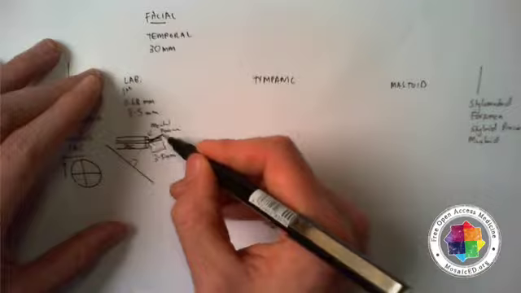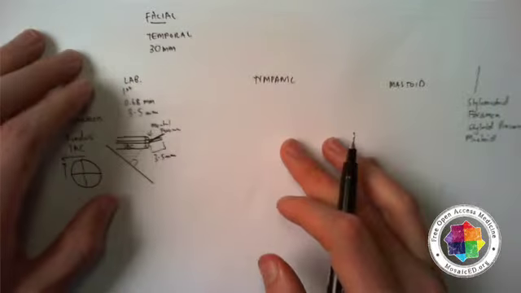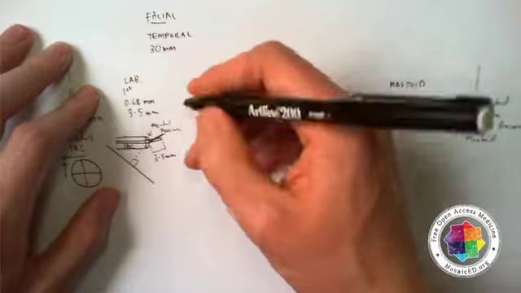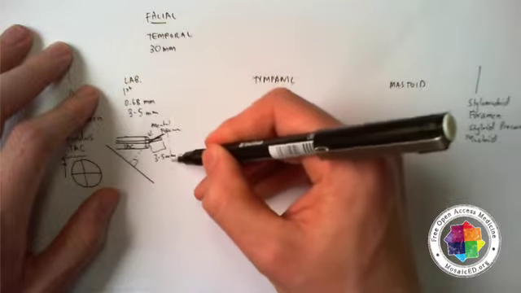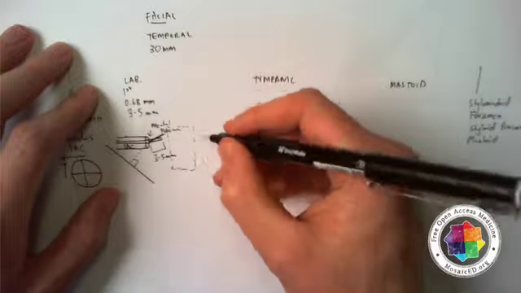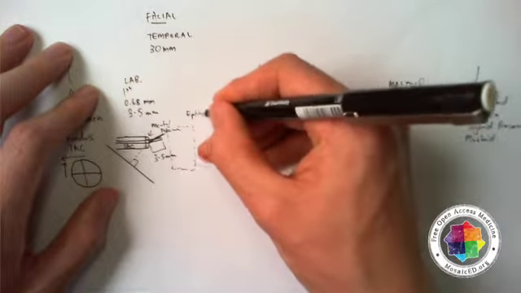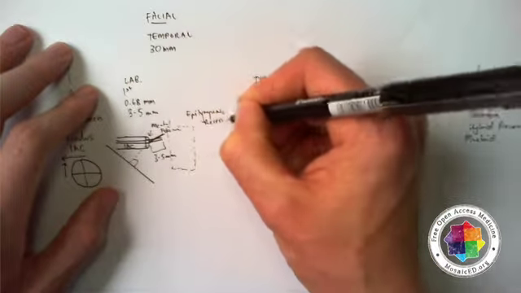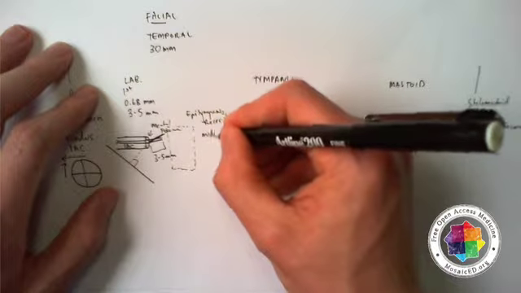So it does that for 3 to 5 millimeters. And when it ends, it's abutting the medial wall of the epitympanic recess. So it's abutting the medial wall of the middle ear.